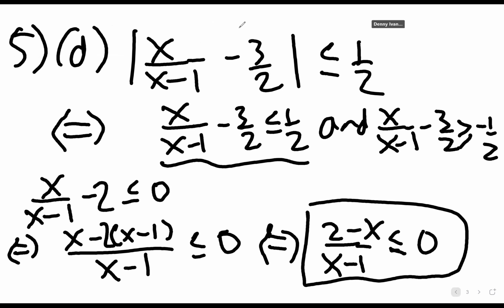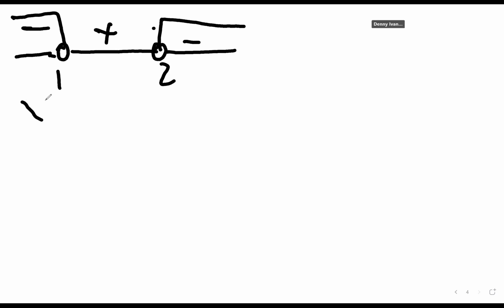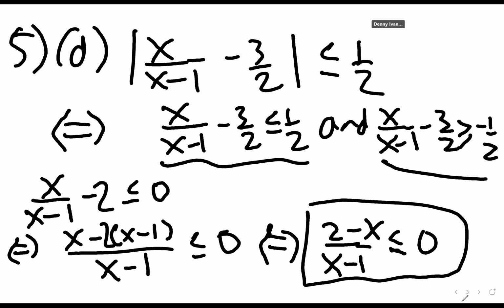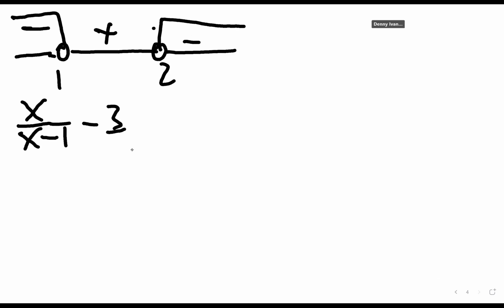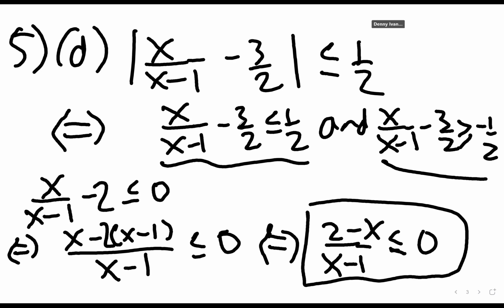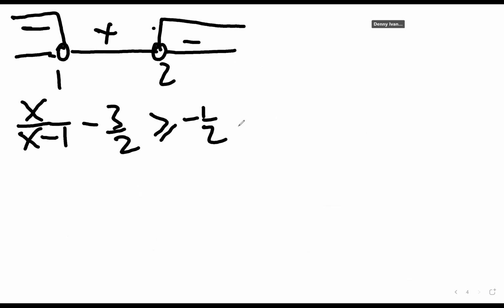Okay, so now let us move to the second inequality. In the second inequality, I have x over x minus 1 minus 3 over 2 is greater than or equal to minus half. Okay. And if I add half there, I will have x over x minus 1 minus 1 is greater than 0.